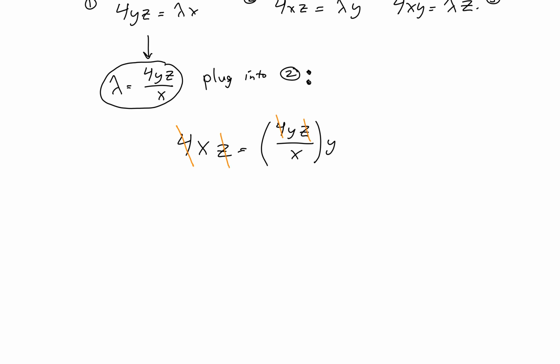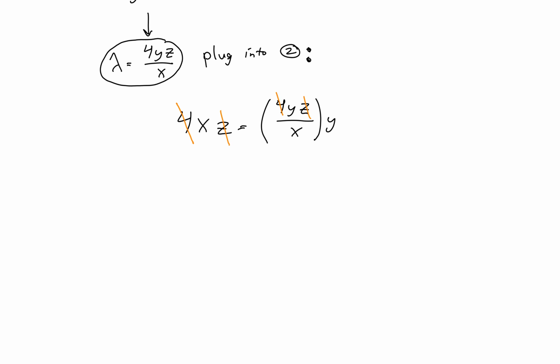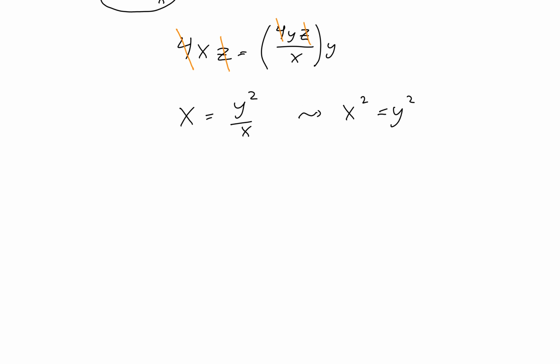I can cancel the z from both sides. So if I do that, I'm left with x is equal to y squared over x. So multiply both sides by x, I get x squared is equal to y squared. So this would give me x is equal to plus or minus y. But since this is a volume problem, we want everything to be positive, so let's just say x has to be equal to y.